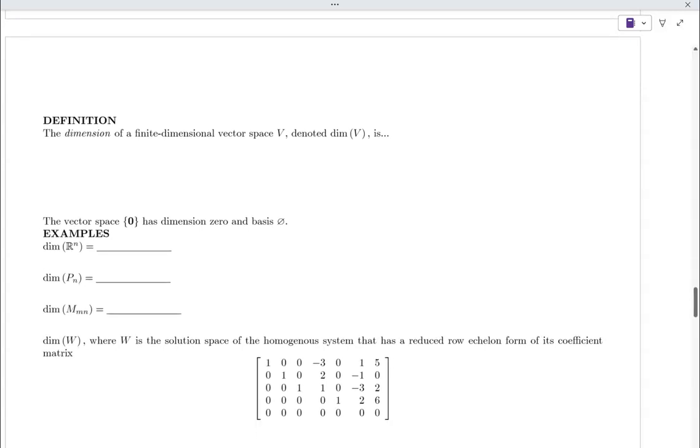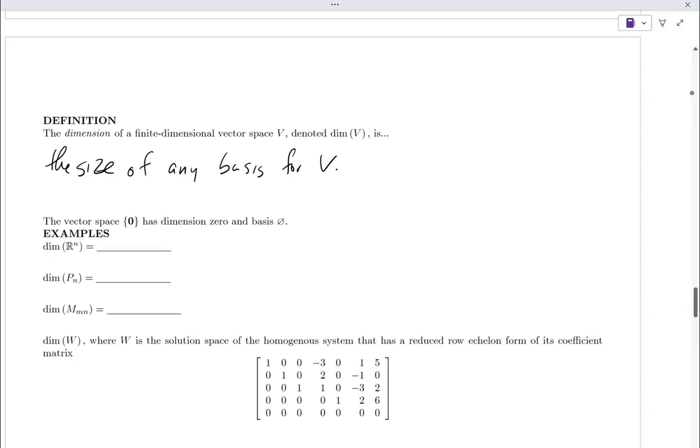So the dimension of a vector space is just the size of any basis for V. The previous theorem tells us that all bases must have the same size.